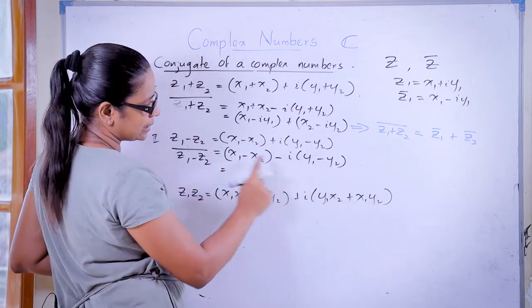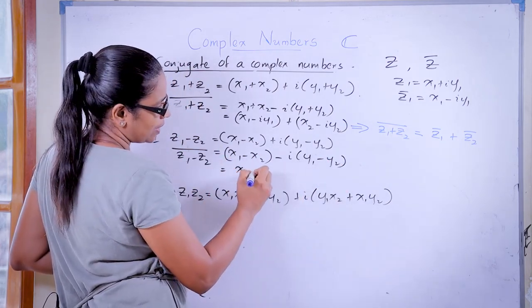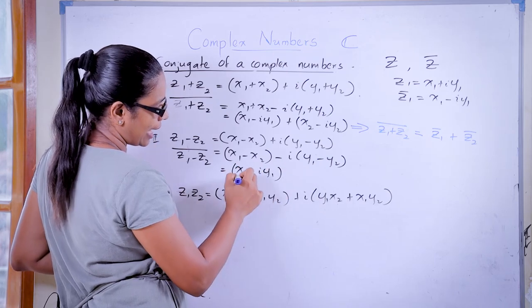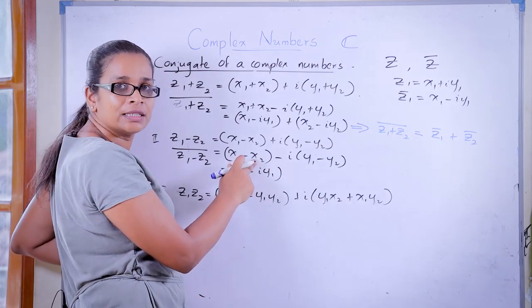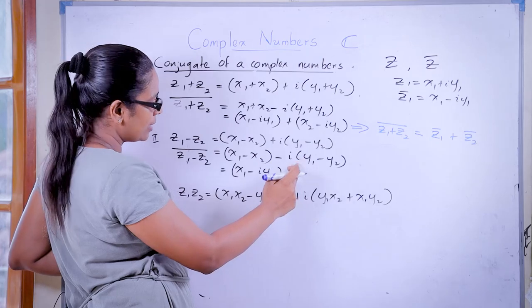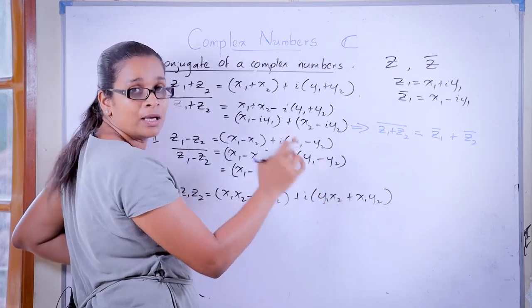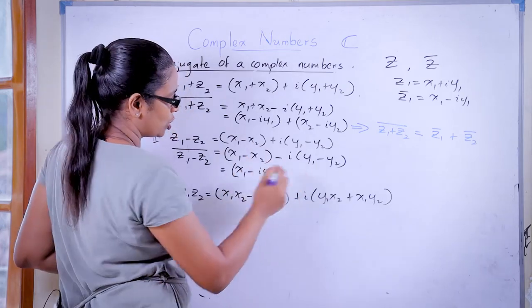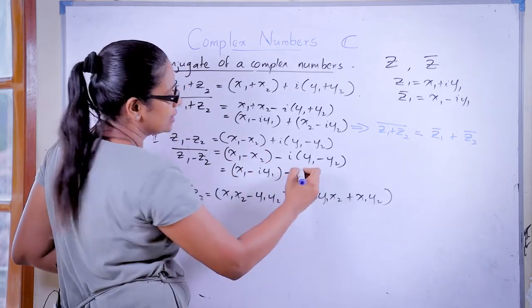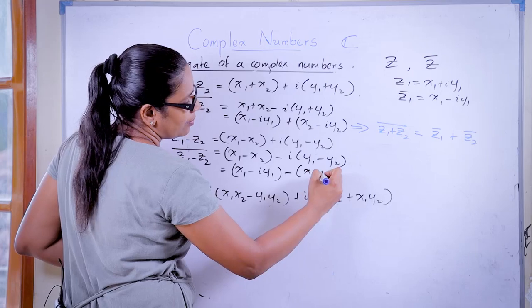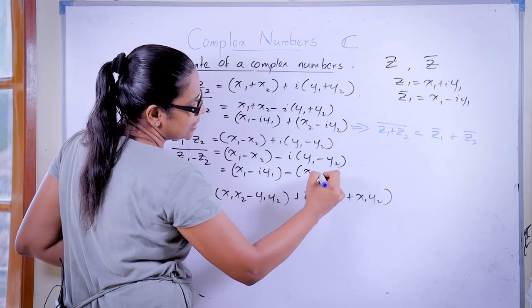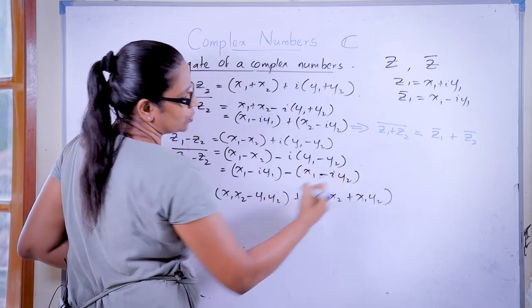So let's consider this x1 with this one, x1 minus i y1, and here this is minus x2, and look at this one. When you do the multiplication, this one becomes plus i y2. So I am going to just write minus x2 plus i y2.